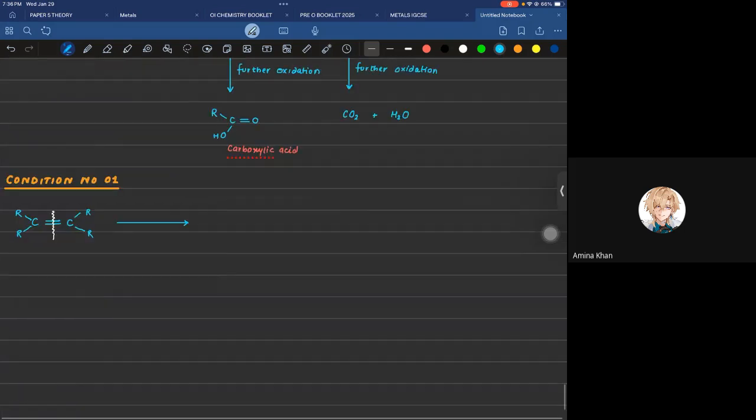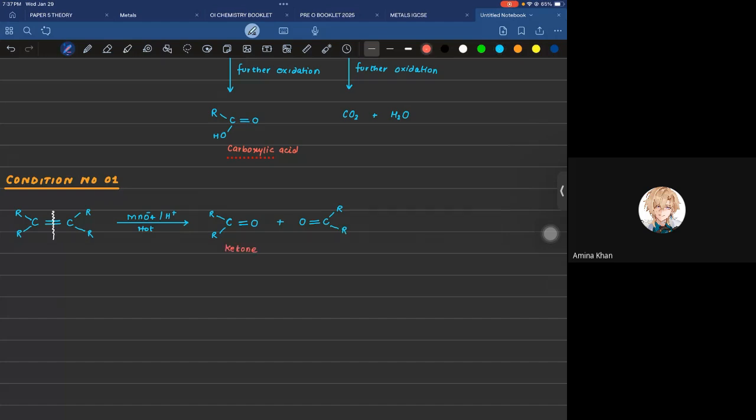So you will see that again it would be breaking down into the two components and would be giving you R, R, O, O, C, R, R. You know, this is ketone.